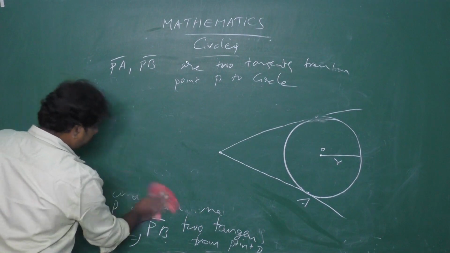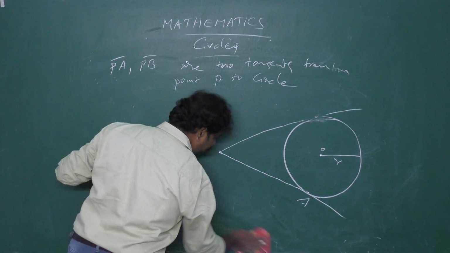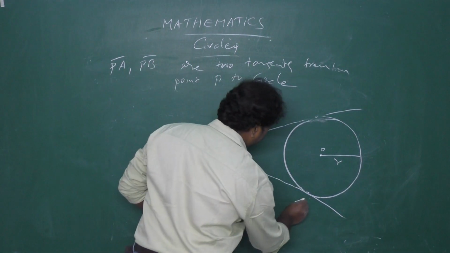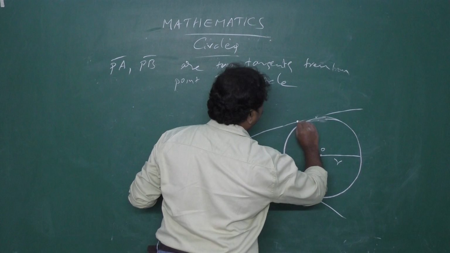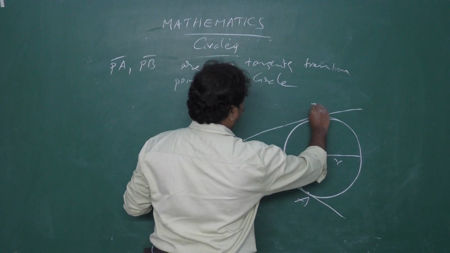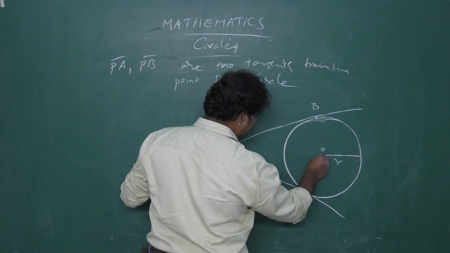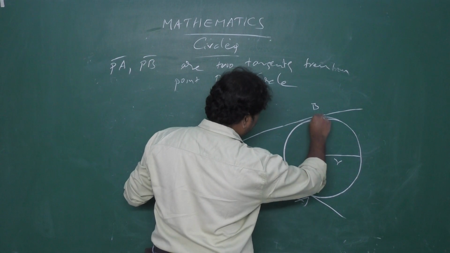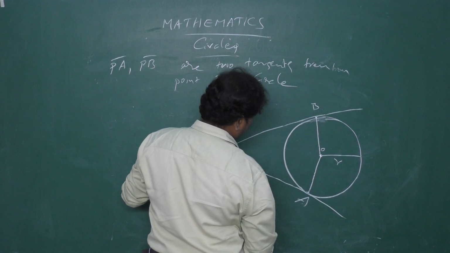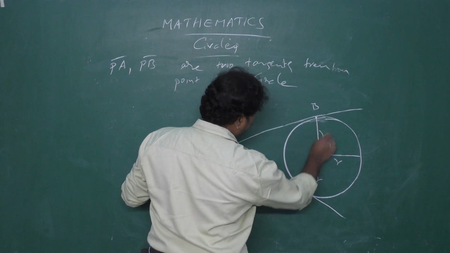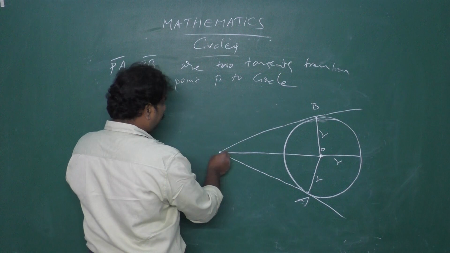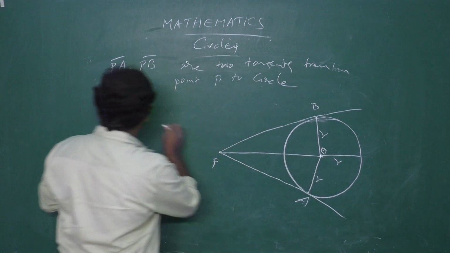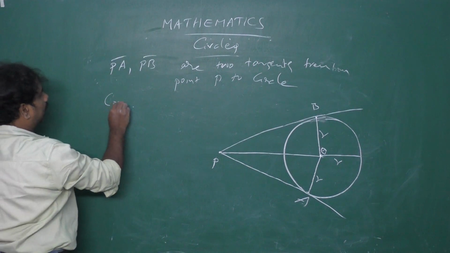Before going to give the proof, we are going to construct, meaning we are going to construct some information that will help the proof. What is the construction? I join this radius to the point of contact and this radius to the point of contact. And we know this is a radius and this is a radius. Also I joined P to O. So that construction we did, we will write here.